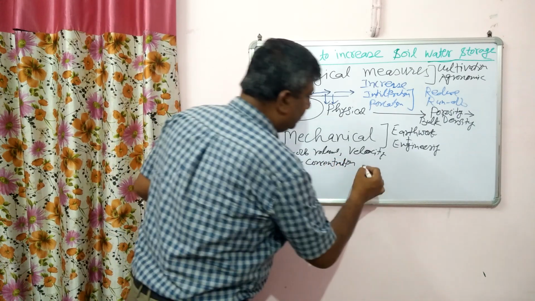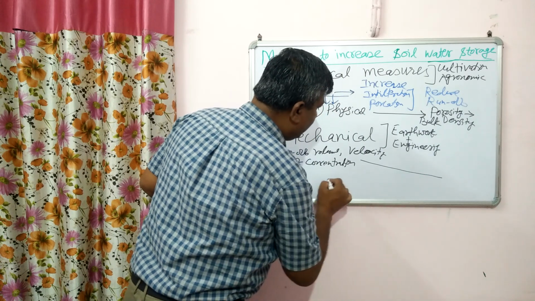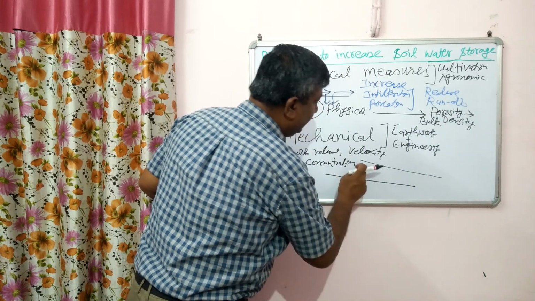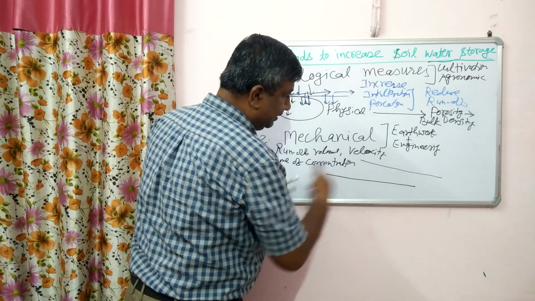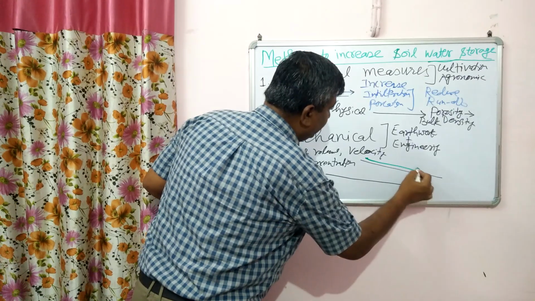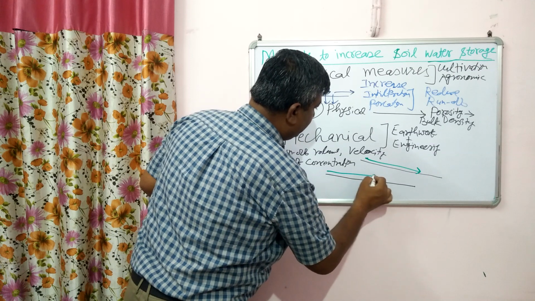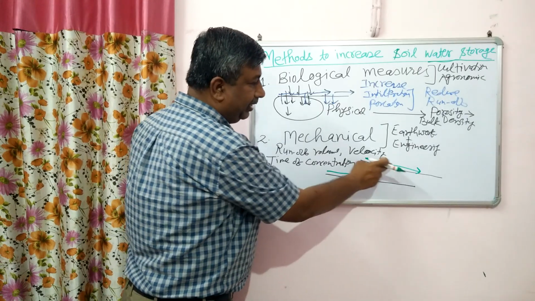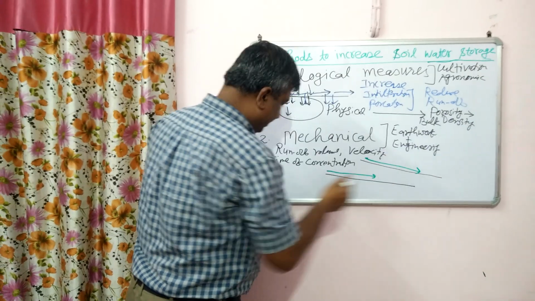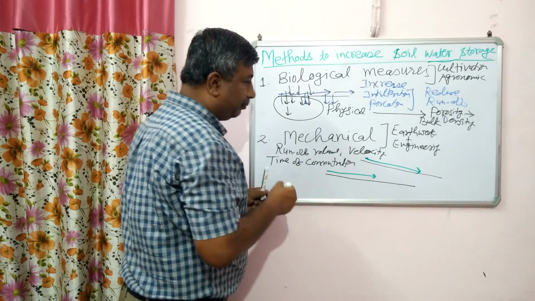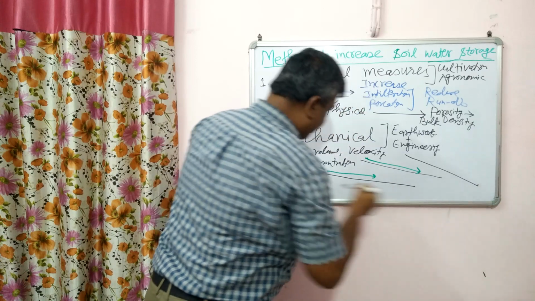Suppose this is one slopey area, this is another slopey area, and this slope is more than this. So water is running very fast here, and here water runs with less speed comparatively to this one, because slope is high. Suppose slope is further high, then water will run very fast.